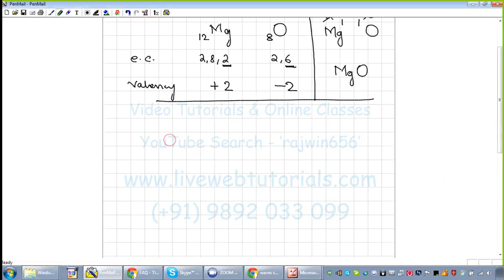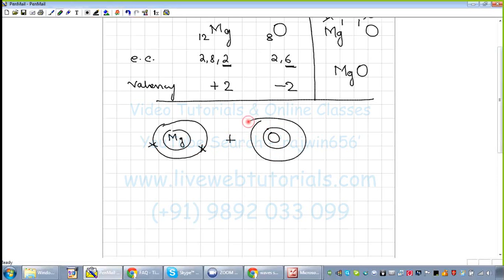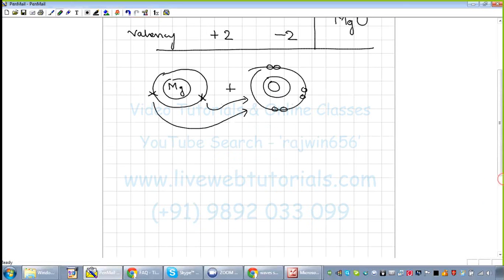So there is a single magnesium atom, showing only the outermost orbit, plus here the oxygen atom, nucleus, outermost orbit. Two electrons donated, so it's 2 plus. I'm showing the outermost orbit. 2 electrons are lost.